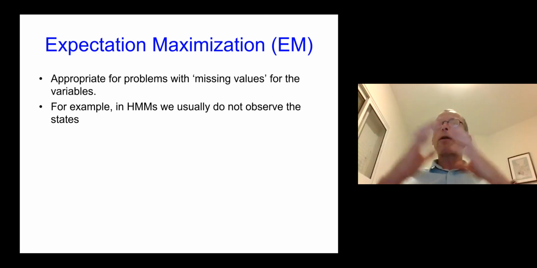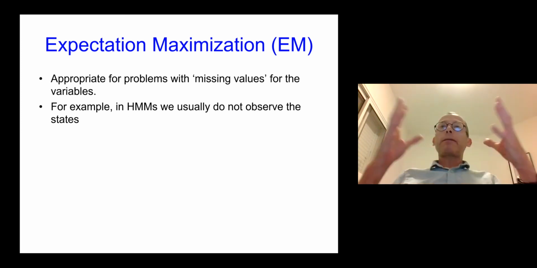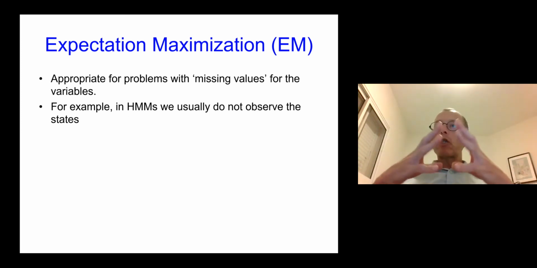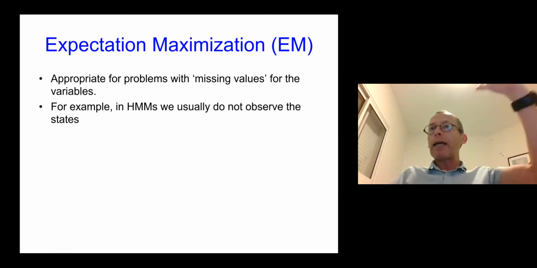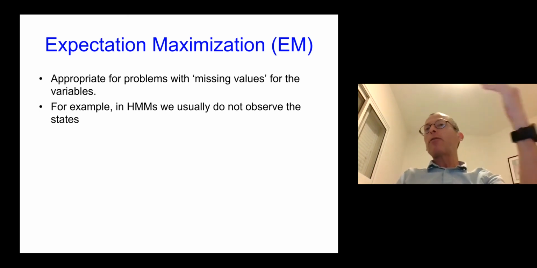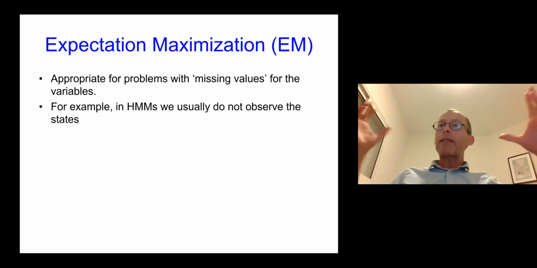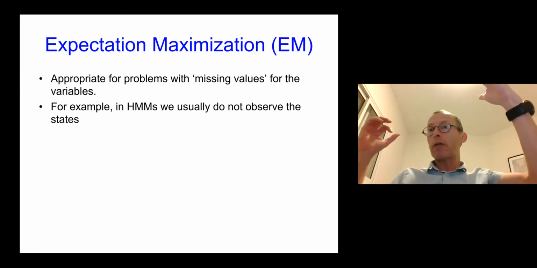But again, this is a general approach where you have two steps, the E step and the M step, and you can show, and this is why EM works, that EM is guaranteed to increase the likelihood of the data. So if that's the case, then EM is guaranteed to converge. We don't know how long it will take, but it's guaranteed to converge because likelihood is bounded from above. The likelihood cannot be more than 1.